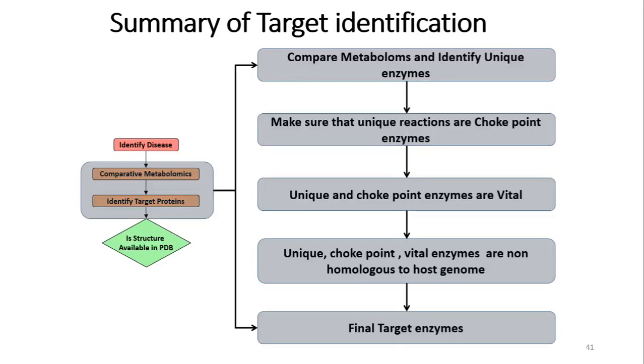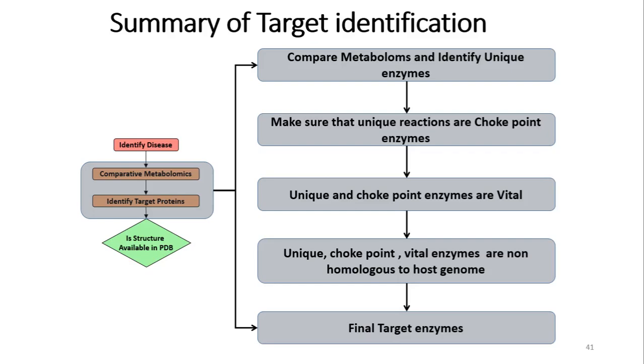Okay, so just to summarize, you can use the subtractive genomic approach to compare the entire metabolome and identify the unique enzyme. Then you can make sure that whatever unique enzyme you have identified, it would be better if they catalyze the choke point reaction. They can be choke point enzymes.